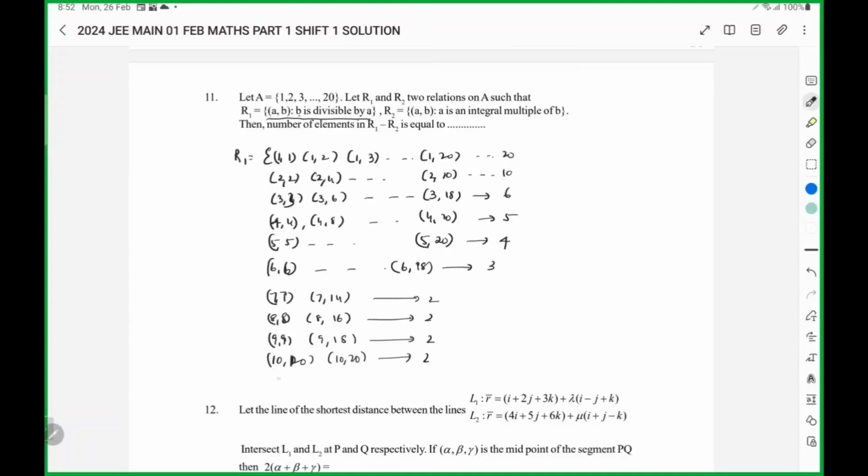Now onwards, 11 is not possible, all 11, 11, 12, 12, like this, 20, 20.